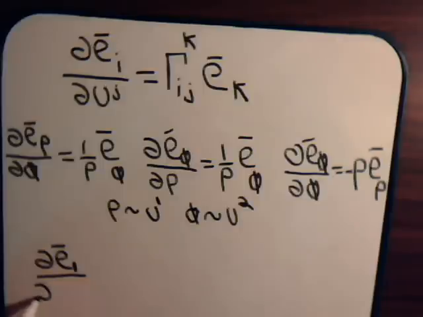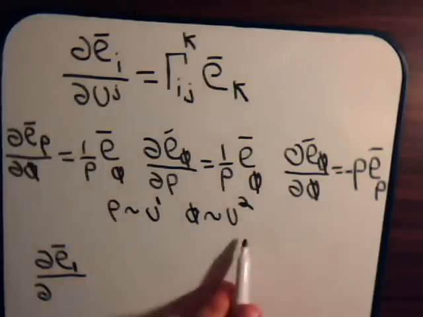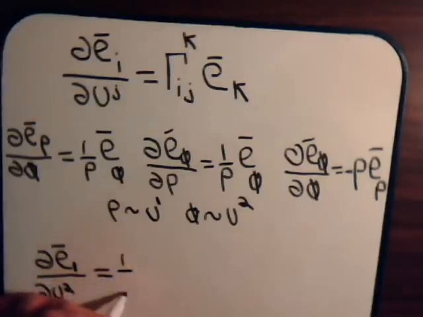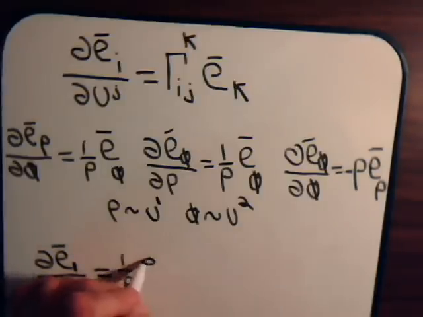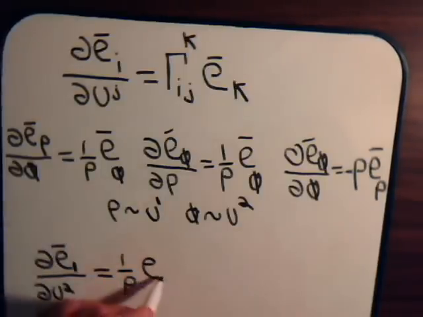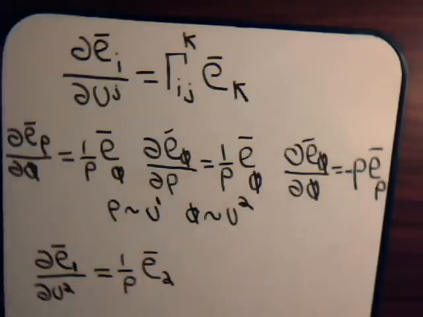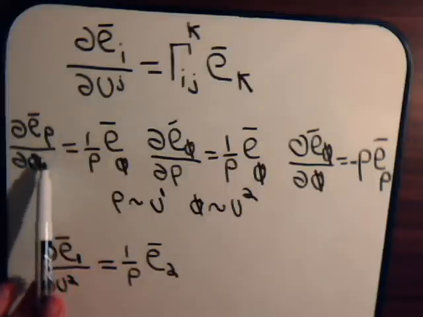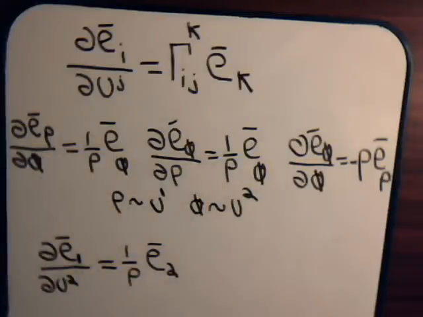Then with respect to psi, but psi is U2, and that equals 1 over rho E psi, that's E2. So this is just this, putting these subscripts now from letters back into numbers. So we have this equation.